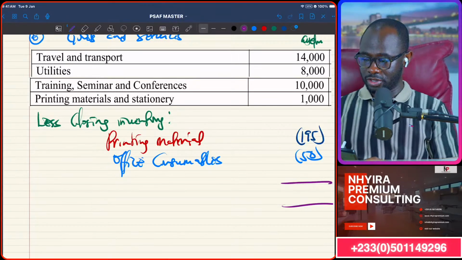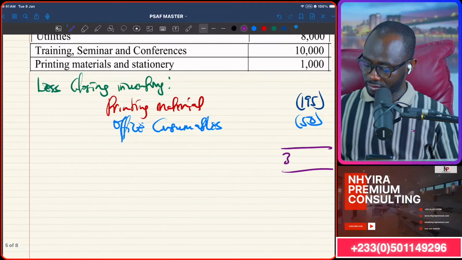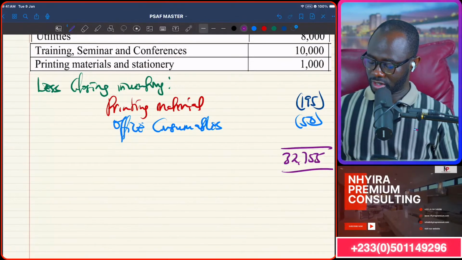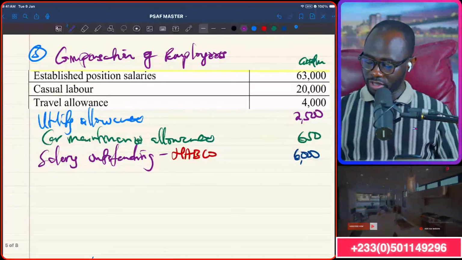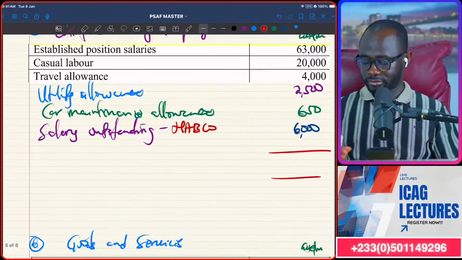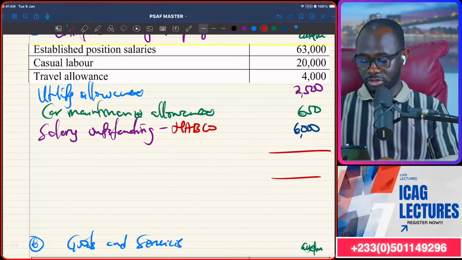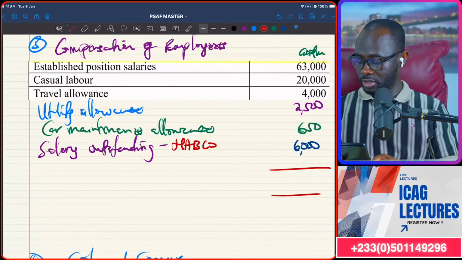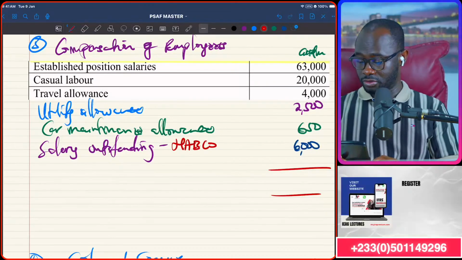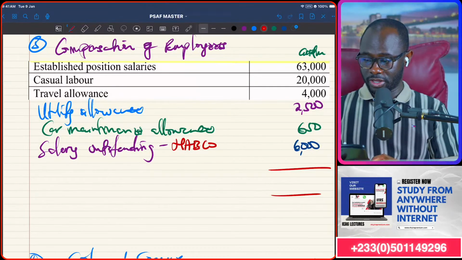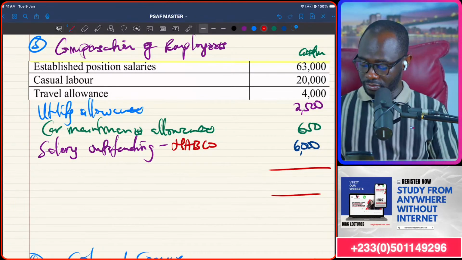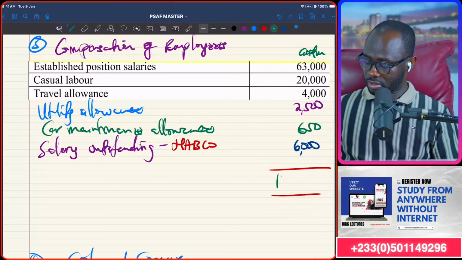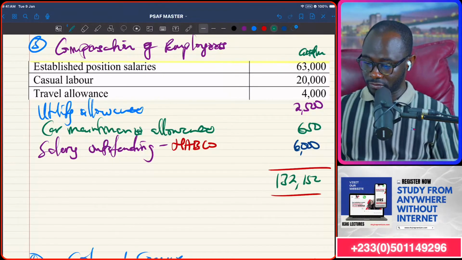And that is 32,755. Okay. Compensation of employees, 83,000, 42,500, 650, 6,000. And that is 132,150.